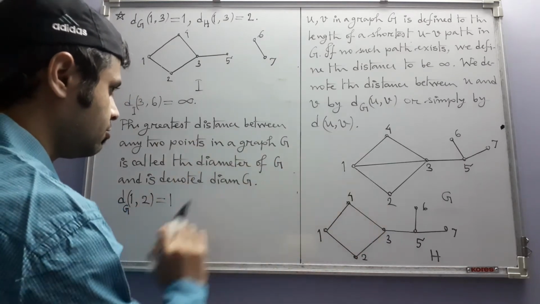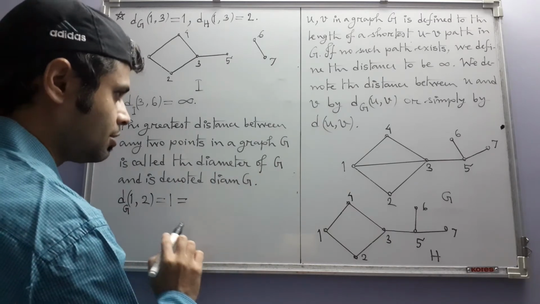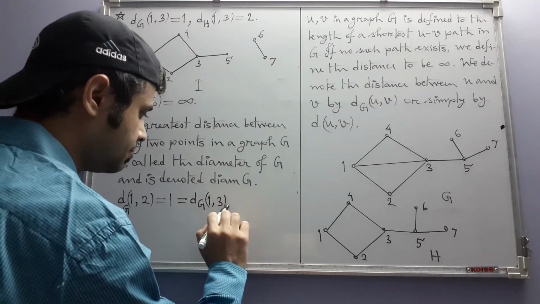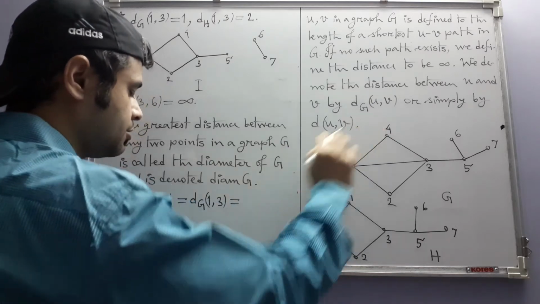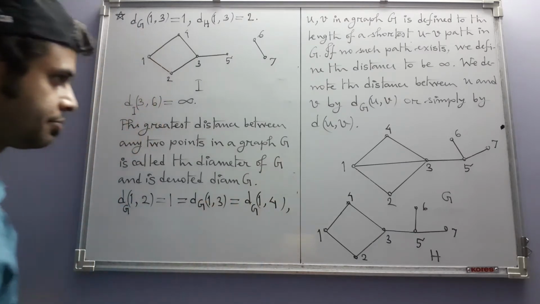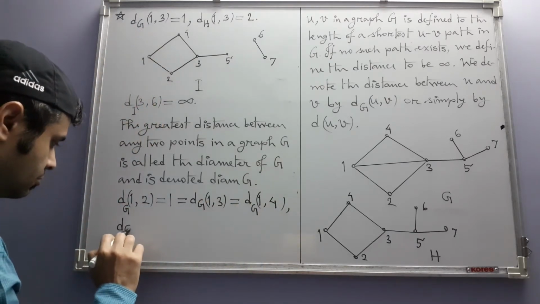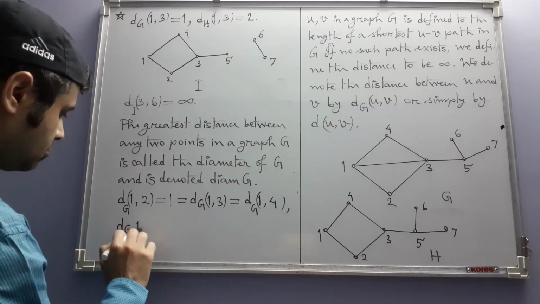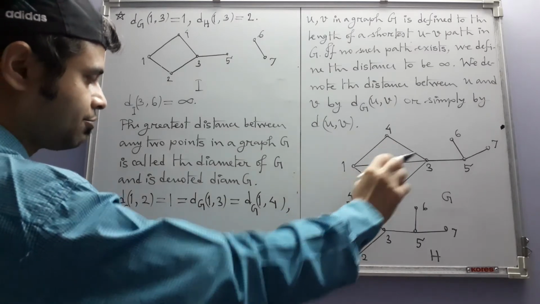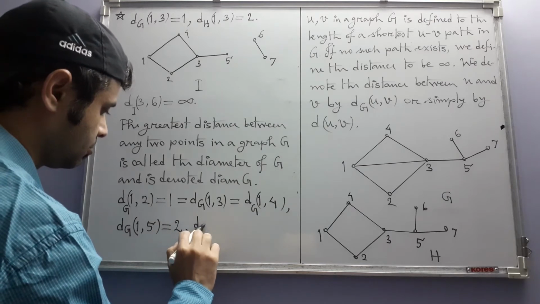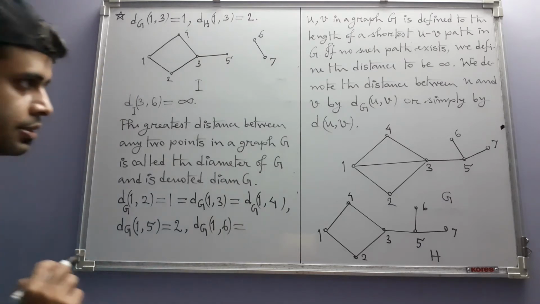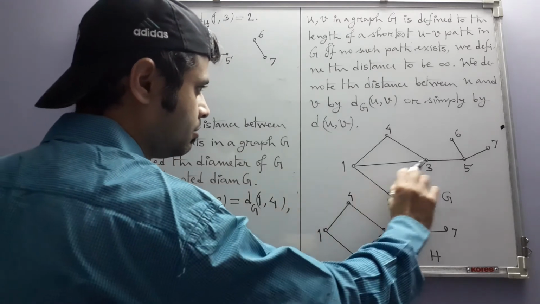The distance between 1 and 2 is 1, which is also equal to the distance between 1 and 3 and the distance between 1 and 4. The distance between 1 and 5 is 2, and the distances between 1 and 6 and 1 and 7 are equal to 3.